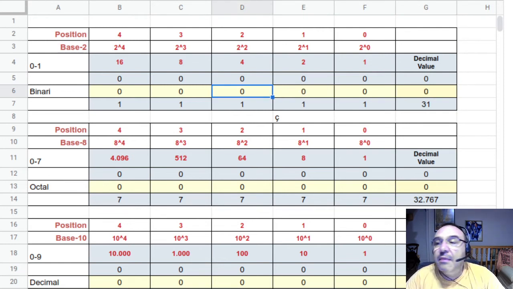If you put the digit 1 in the third position, then the value is 4, because in the third position the value is 2 raised to the second exponent, and it is 4. The same if you put one digit 1 in the next position, it's 2 raised to the third exponent, so the value is 8.